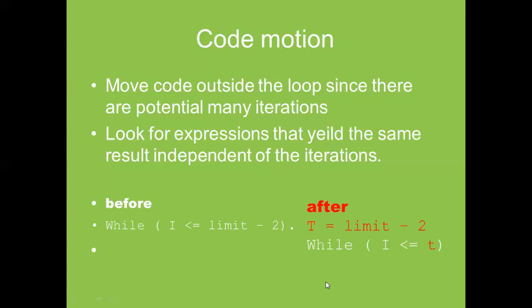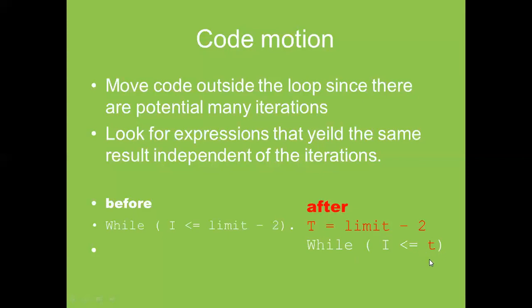After, you can write t is equal to limit minus 2, changing the condition, so you replace it by a temporary variable: t is equal to limit minus 2, and while i is less than or equal to t.